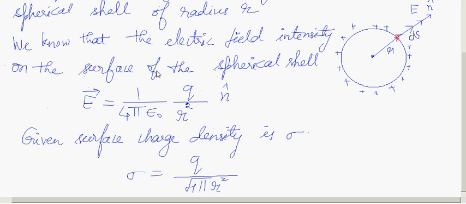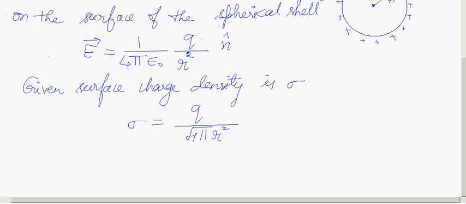So in the electric field equation, if we substitute q by 4 pi r square as sigma, we get the required equation. So therefore E is 1 by 4 pi r square into q by epsilon naught. So in this substitute the value of sigma. Sigma is q by 4 pi r square.